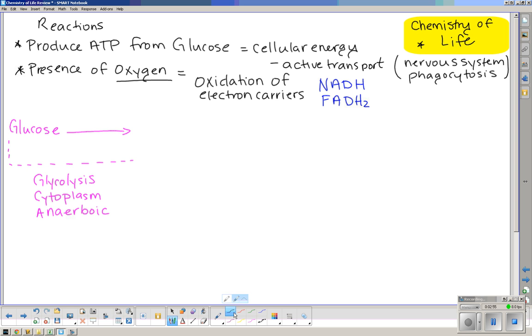What happens is that glucose splits through enzyme use, and that produces 2 ATP. As glucose is ripped apart, electrons in high energy are transferred to electron carrier molecules. So we have 2 NADH molecules being formed.